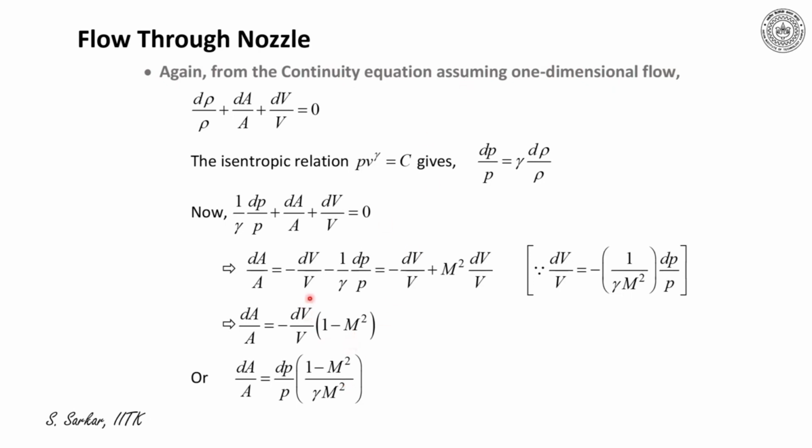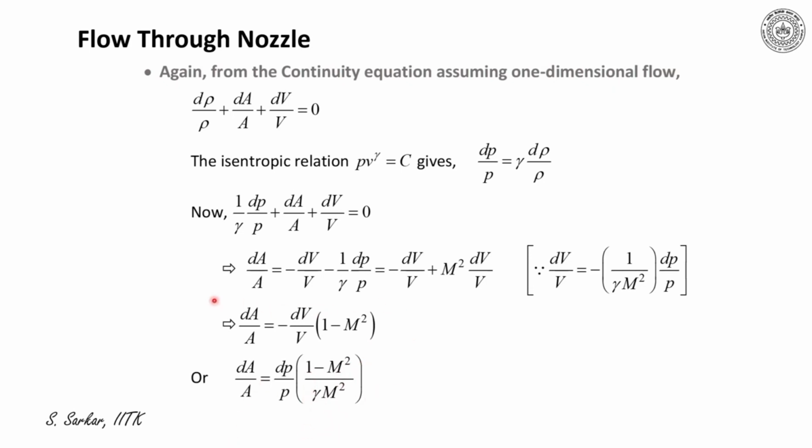Again, I can replace dV by V in terms of dP by P using this equation. Thus, I can express the continuity equation as dA by A is equal to dP by P within the bracket 1 minus M squared divided by gamma into M squared.